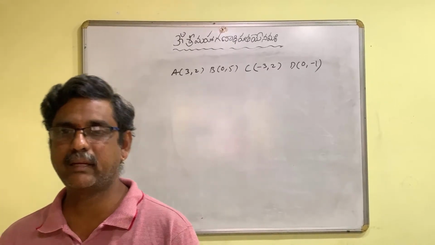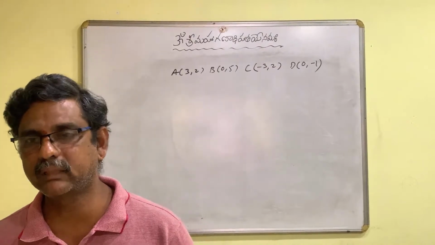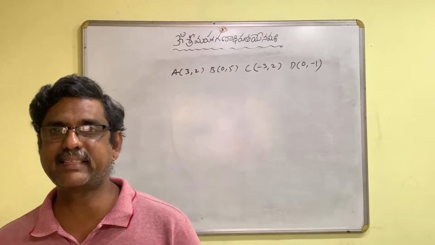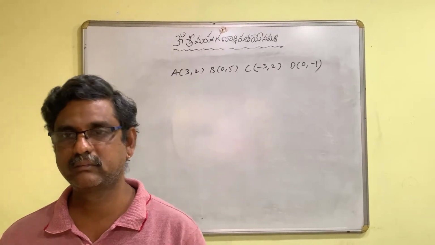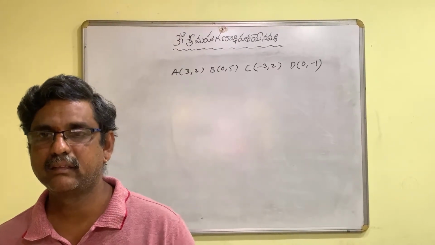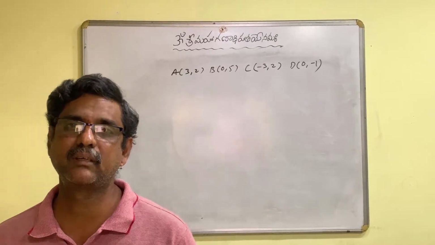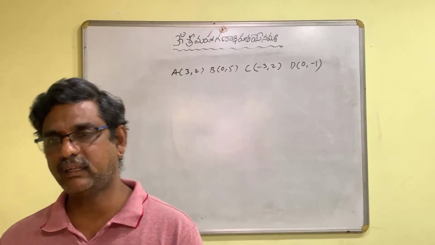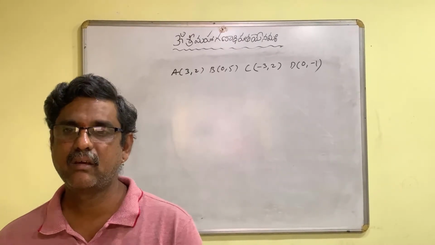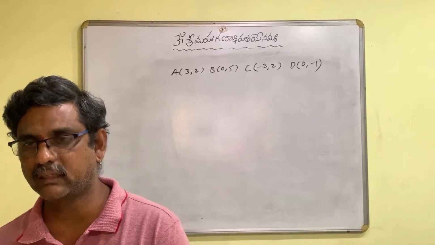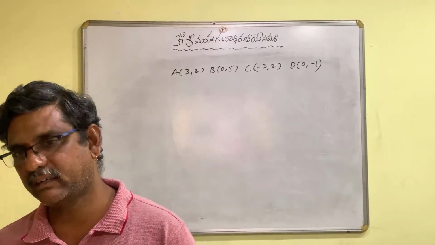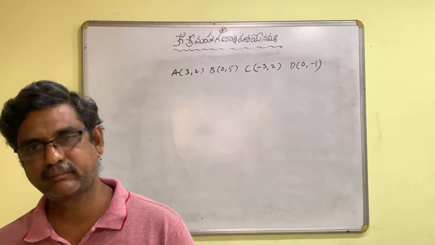Okay, children, there is a problem on the board. Four vertices are given to you, and you need to verify whether these vertices form a square or not. If they form a square, find the perimeter of the square.